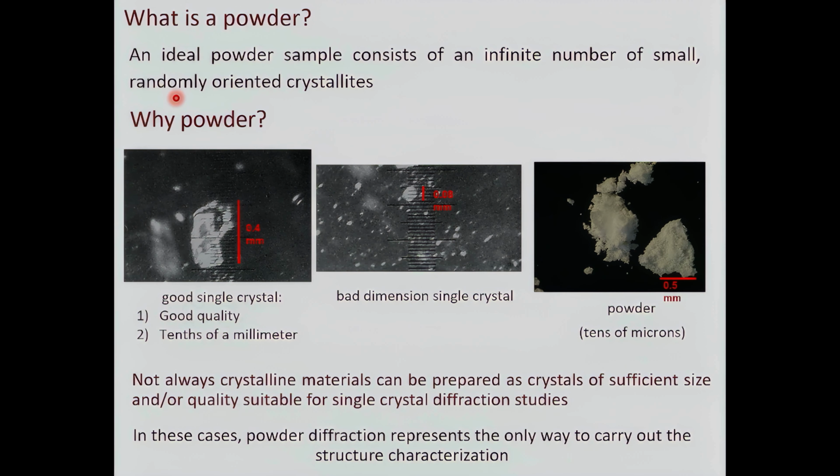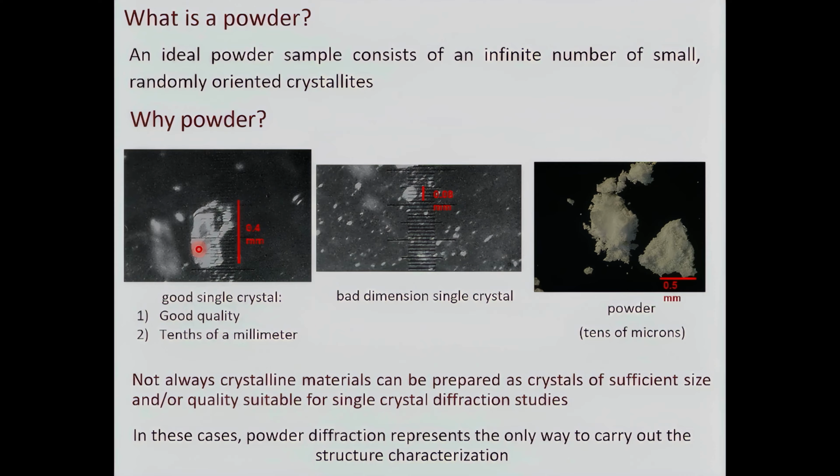We use powder because, if you have a single crystal like this with good quality and the right dimension to perform a single crystal diffraction experiment, then it's better to study it as a single crystal instead of powder.